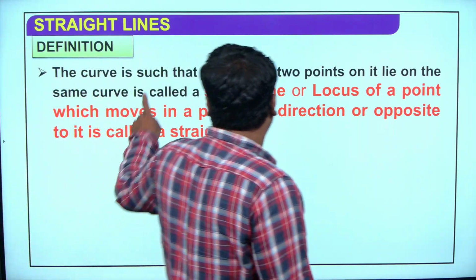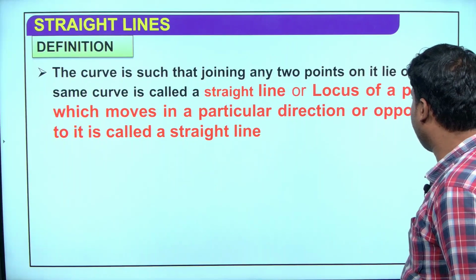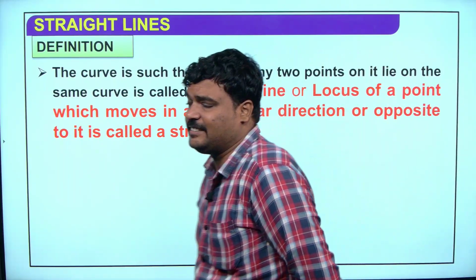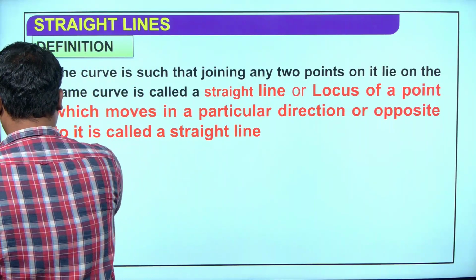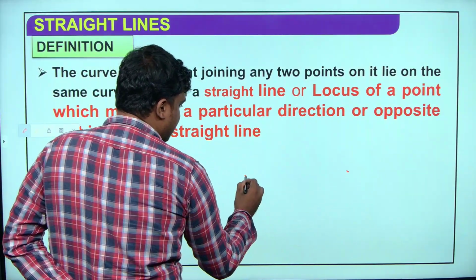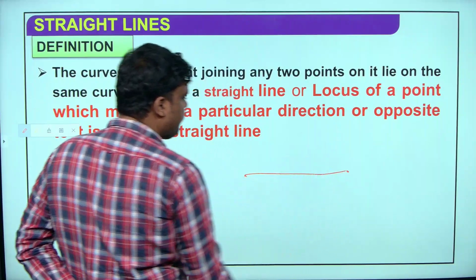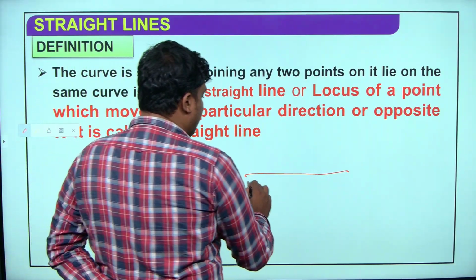The curve is such that joining any 2 points on the line, and on it lies on the same curve, is called a straight line. See, if I am having 2 points and it connects like this without any deviation, as Sugindran told, then we can call this a straight line.